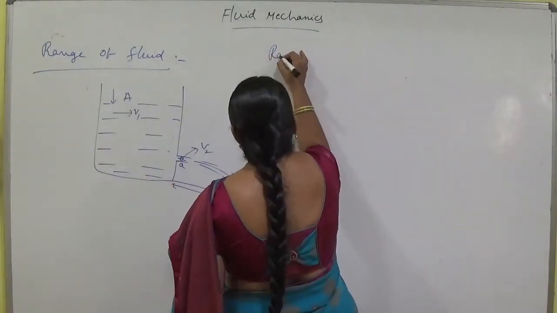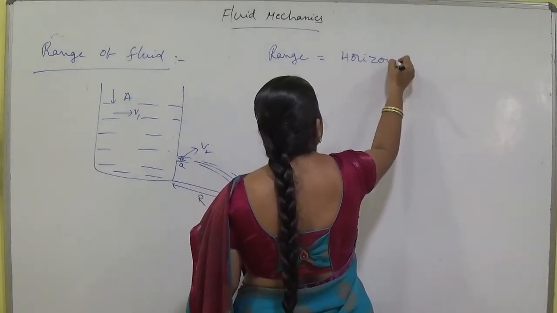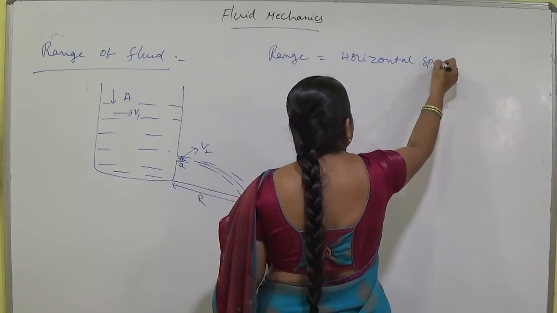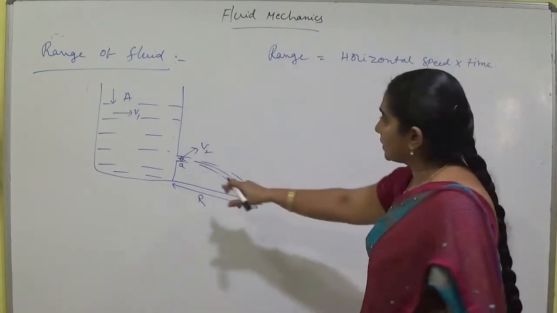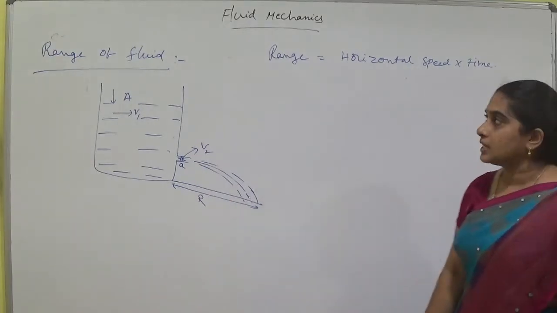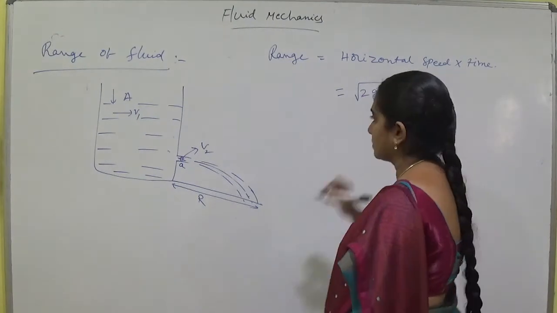The formula for range is horizontal speed into time. What is the horizontal speed? According to Torricelli's principle, it is root of 2gh.